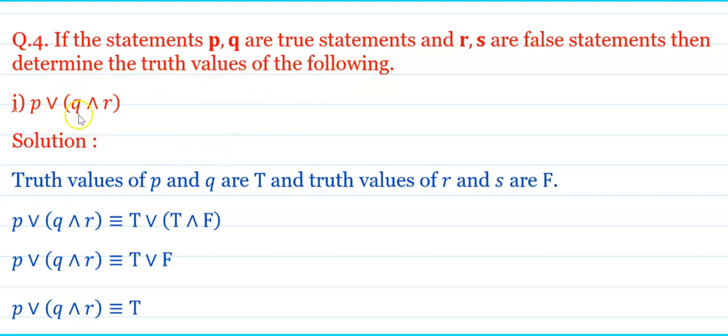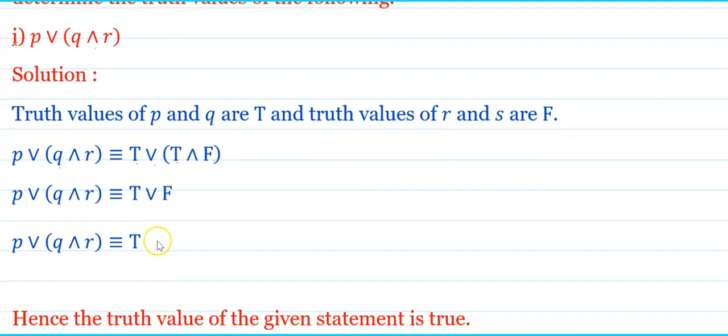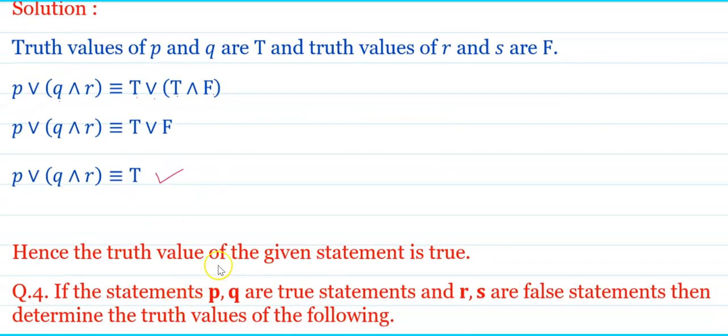P or in bracket Q and R. The truth values of P and Q are T, and truth values of R and S are F. P is T, or in bracket Q is T, R is F. T and F is F. T or F, then we get again T. Hence the truth value of the given statement is true.